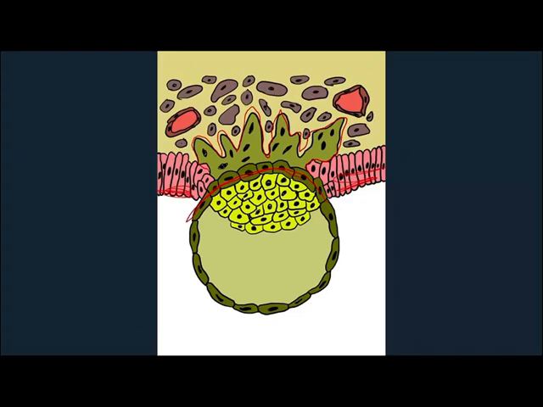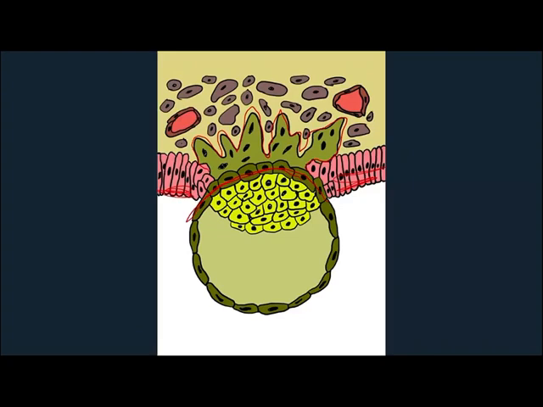The cytoplasm is continuous. All of these nuclei here are of the same syncytium. And this is a highly invasive structure that allows the blastocyst to be buried into the uterine wall. As you can see here, it's burrowing through the uterine wall.